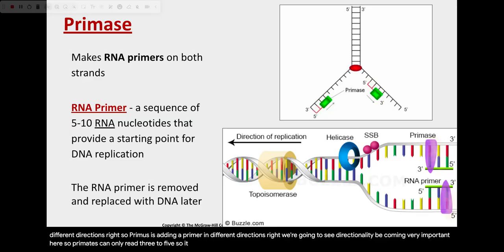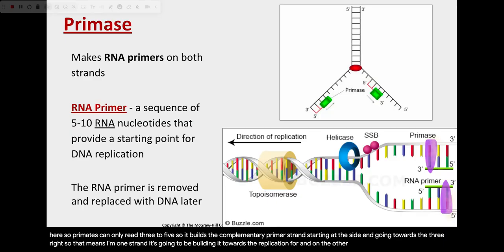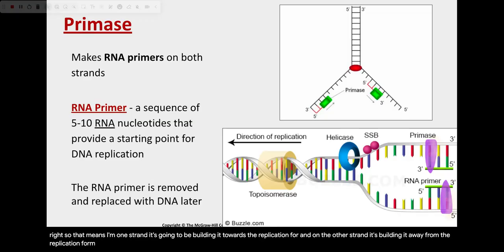So it builds the complementary primer strand starting at the 5 end, going towards the 3. Right? So that means on one strand, it's going to be building it towards the replication fork. And on the other strand, it's building it away from the replication fork. Right? Because it can only read in a certain direction. It can only read from 3 to 5.